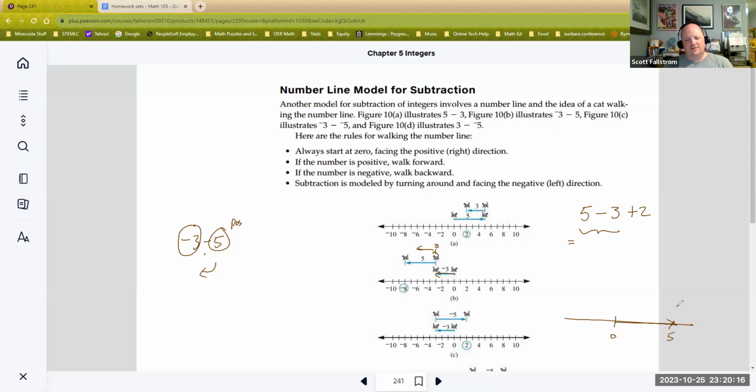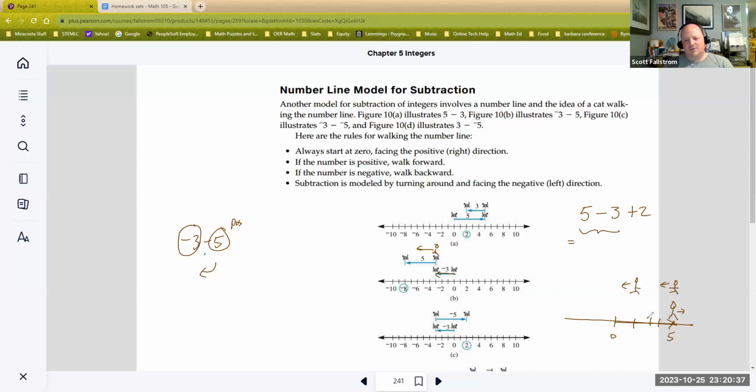I'd go to 5, right? Still facing this direction. Then -3 says, okay, turn around and face the other direction and walk forward 1, 2, 3 units. Okay. And I'm still facing that same direction and I'm at +2.